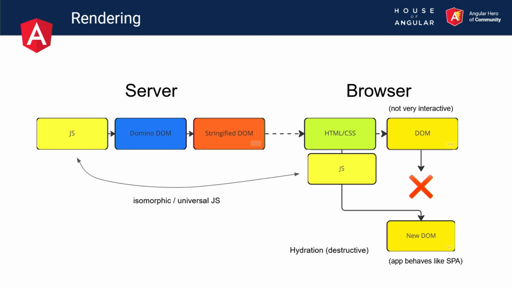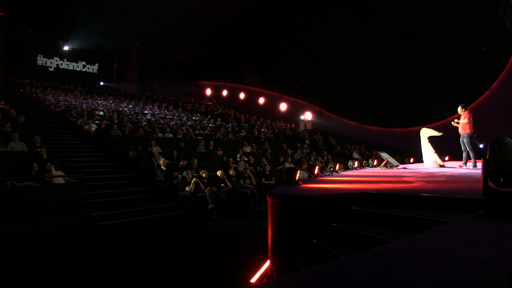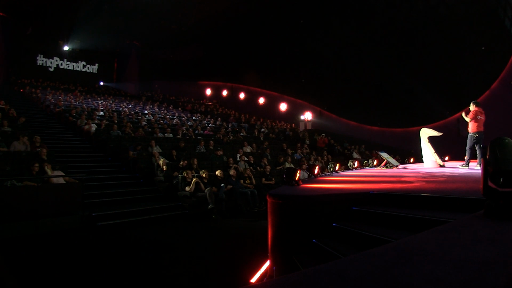From this point, your app will work like your SPA. And it's destructive because you're erasing the old DOM, and that's something Angular will work on in the future. Also, the JS executed in the browser is very similar to the JS executed on the server, and that's why it is sometimes called isomorphic or universal JavaScript.